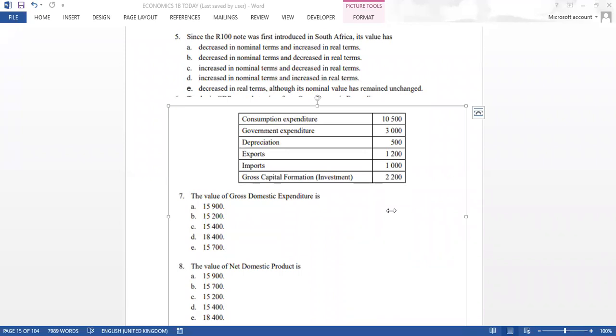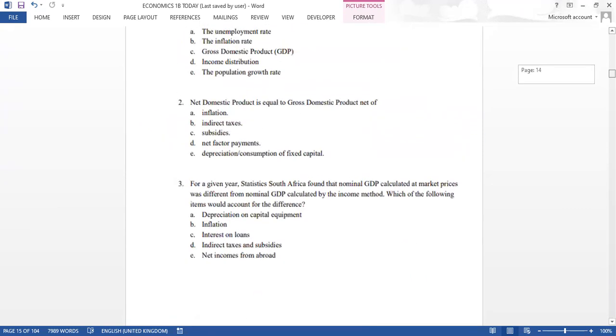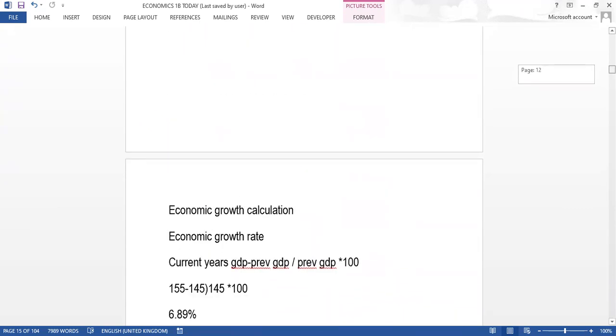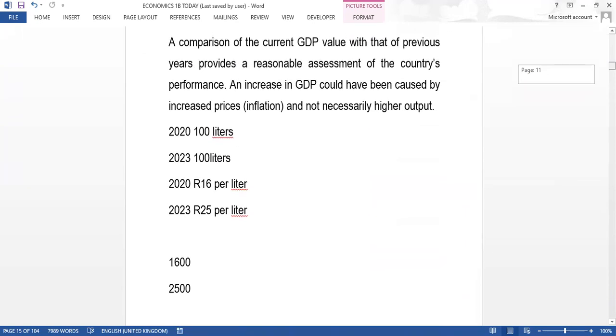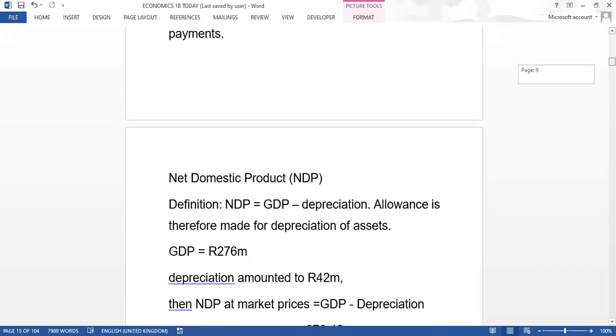All right. So someone is asking, what is the formula for GDE, which is gross domestic expenditure? The formula for gross domestic expenditure, let me just go back to my notes. We were talking about it some few minutes ago. It's simply a summation of consumption expenditure by households plus investment expenditure by firms plus government expenditure.